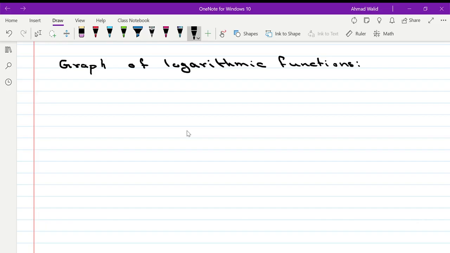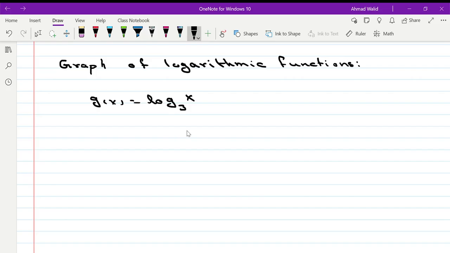If someone gives you a logarithmic function to graph, what can you do? For example, if I ask you to graph a function g of x equals log of, let's say, x base 3, how do you graph a logarithmic function?